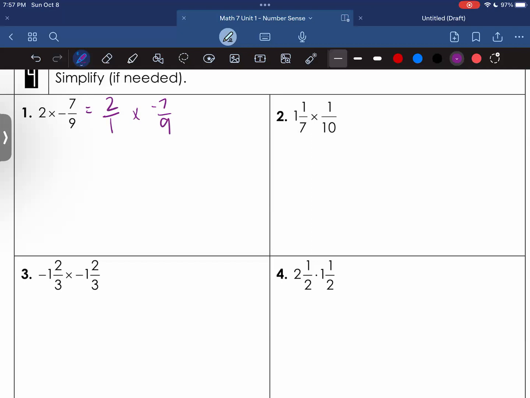And if you remember from when we were multiplying and dividing integers, if we have one of each symbol, so this is positive, and right here this is negative, your answer will be negative. So opposite symbols means you have a negative answer. So let's go ahead and do 2 times 7, which is 14, and 1 times 9, which is 9.